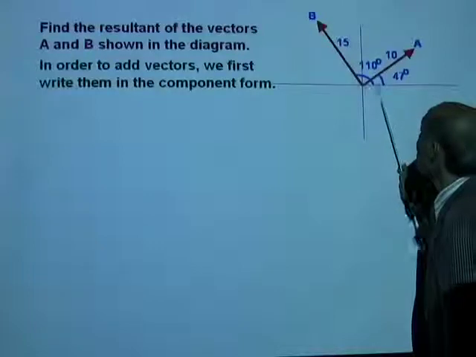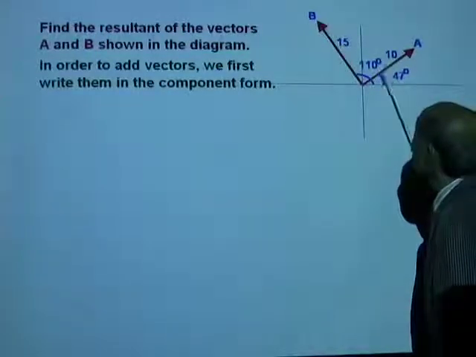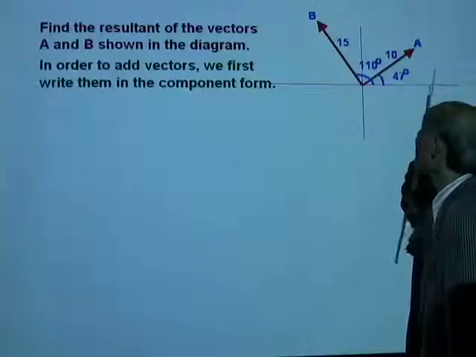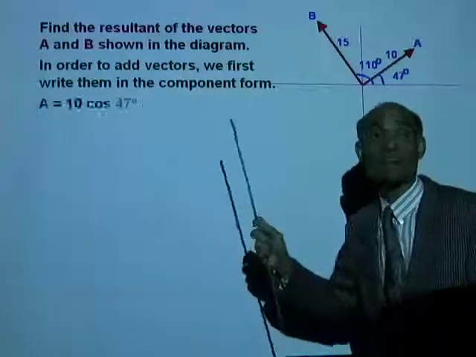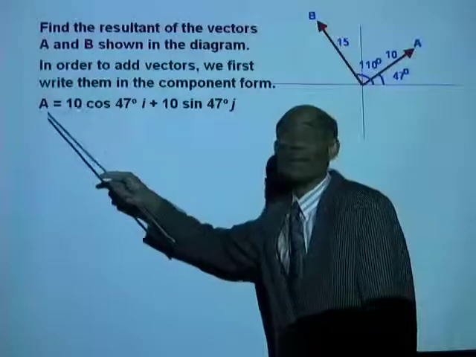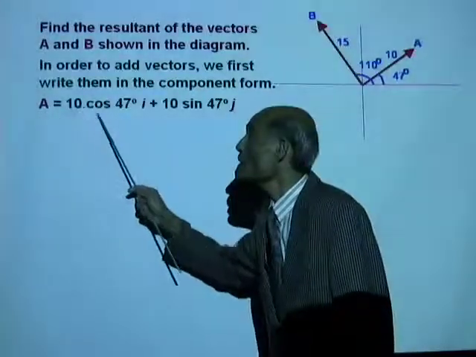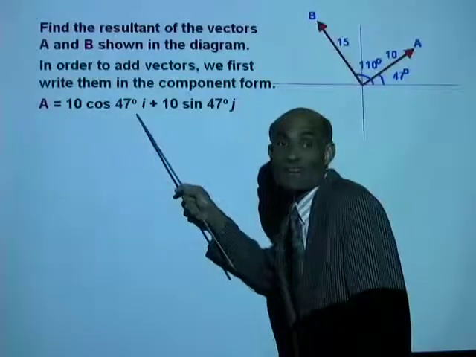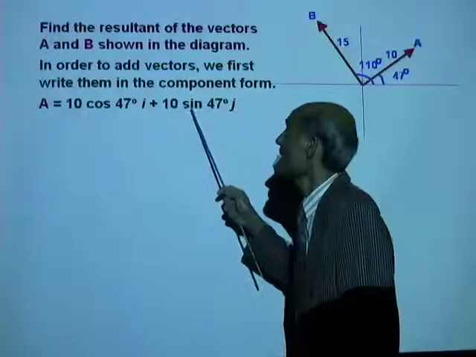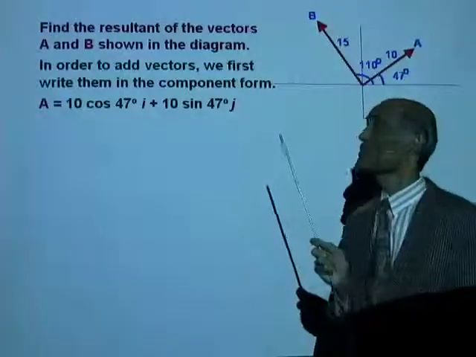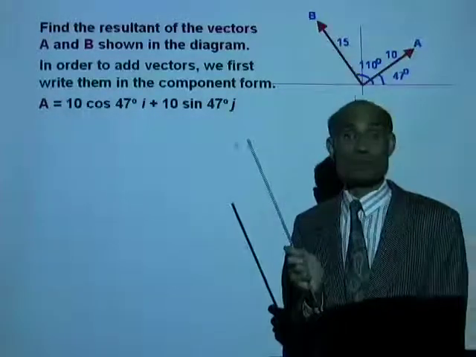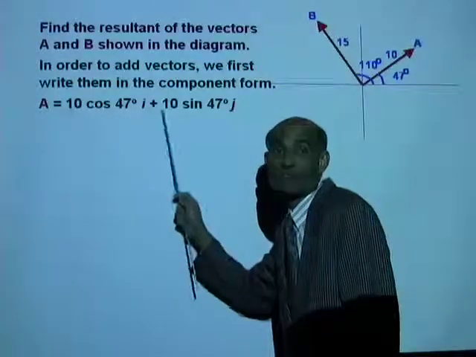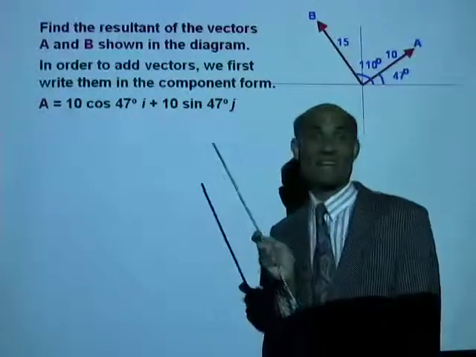That means its x component will be 10 cos 47 and its y component will be 10 sine 47. Look at this. A is 10 cos 47 i, this is the x component, plus 10 sine 47 degrees j. Any vector can be broken into x component and y component like this.